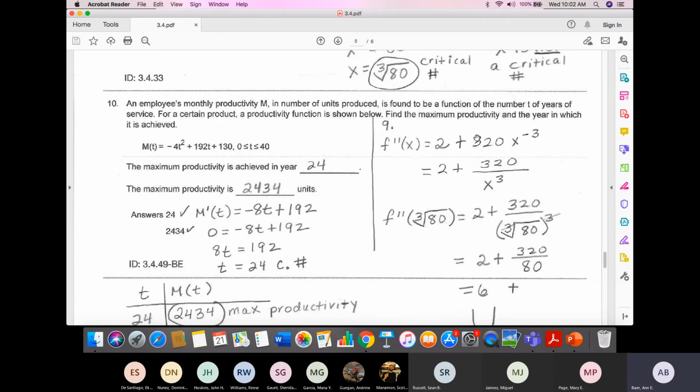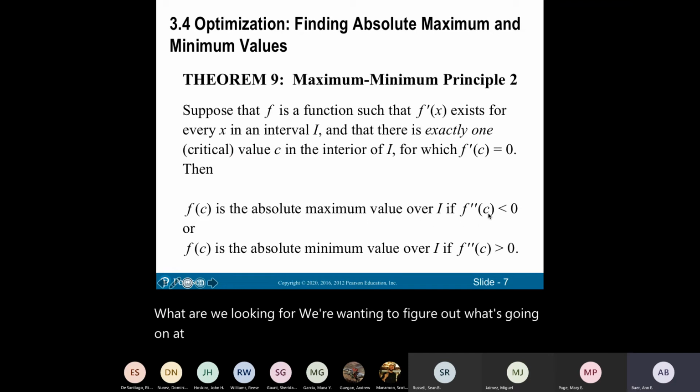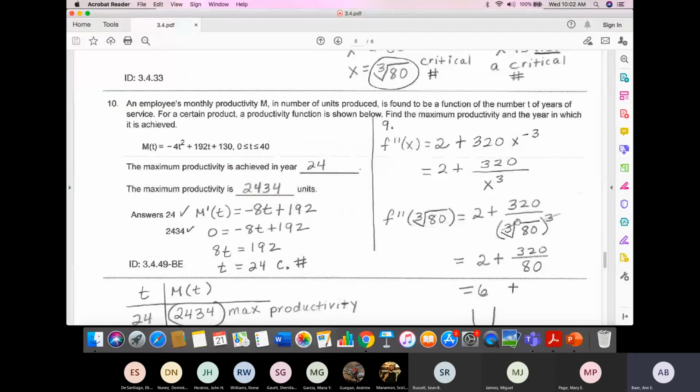Now back to the PowerPoint to see what we're looking for. We want to figure out what's going on with the second derivative at our critical number. That c means critical number. So our critical number is the cube root of 80. I took out this x and inserted the cube root of 80 in its place.